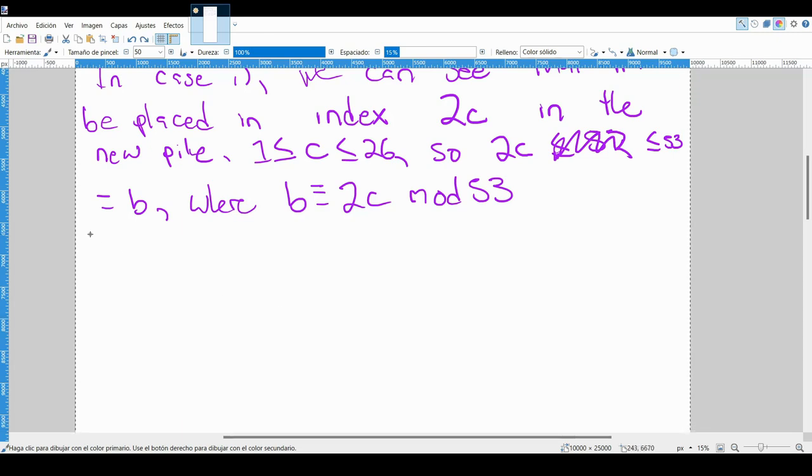And then we have case 2 here, where, as we can recall, 27 is less than or equal to C, which is less than or equal to 52.